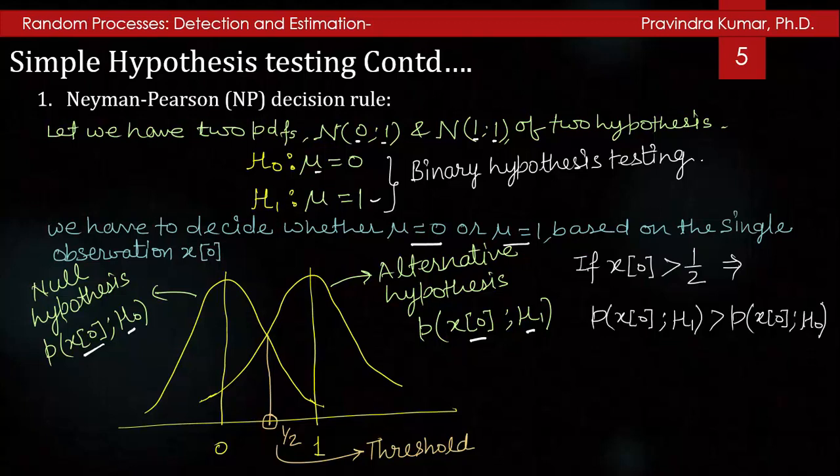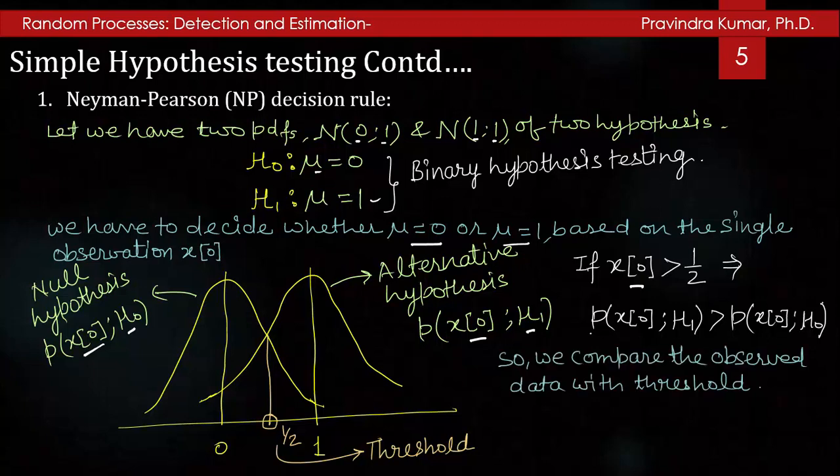When the observed sample X0 is greater than 1/2, the probability of X0 when H1 is given is greater than the probability of X0 when H0 is given. So hypothesis H1 will be decided if the observed data X0 is greater than 1/2.